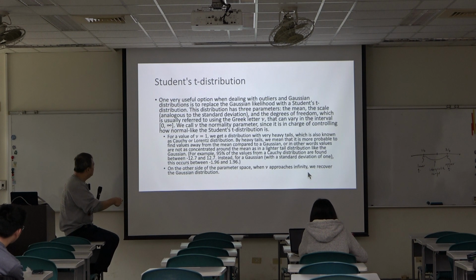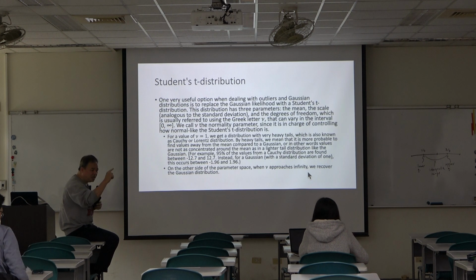Keep in mind this nu or V is in the interval of 0 to infinity. Let's just fix the naming of this one. Let's call it V, because it's probably easier for you to remember. But keep in mind, in Greek letter, this thing is called nu.